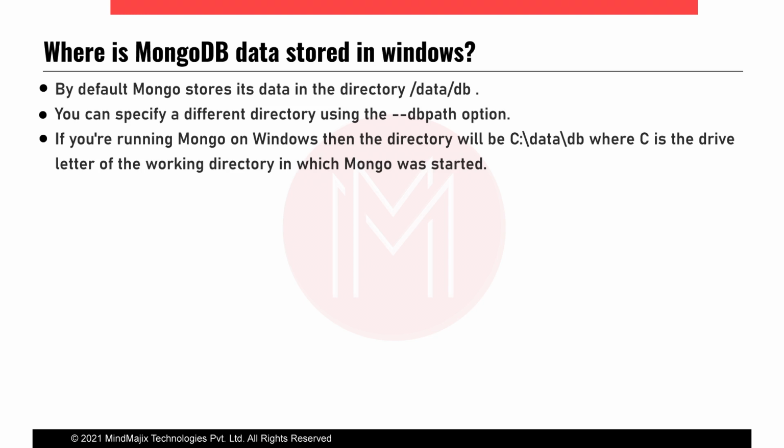It is not static, so we can move it to other locations. It's not fixed, but by default it is data/db. We can move it to the D drive, E drive, or some other drive, as we wish, according to our storage capacity. Before that, we need to mention that this is about storage operations.